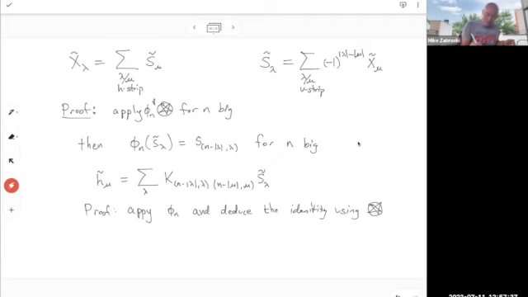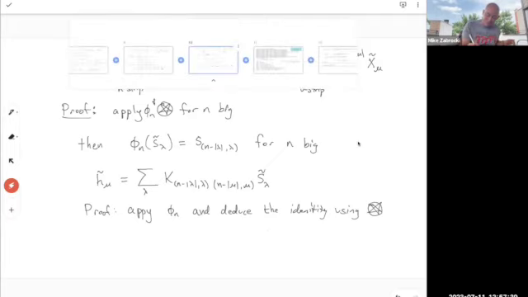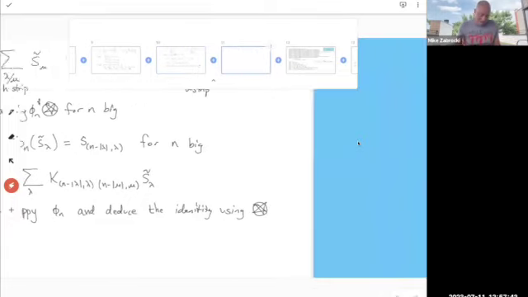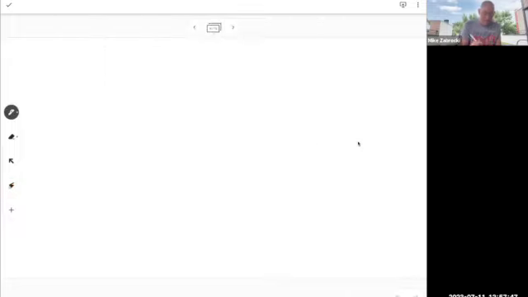I'm speeding through this a little bit too fast in order to finish. But now I've given the expansion of the H tilde in terms of the S tilde. I want to give the expansion of H lambda in terms of H lambda tilde. And so this is the sum over multi-set tableau pi.